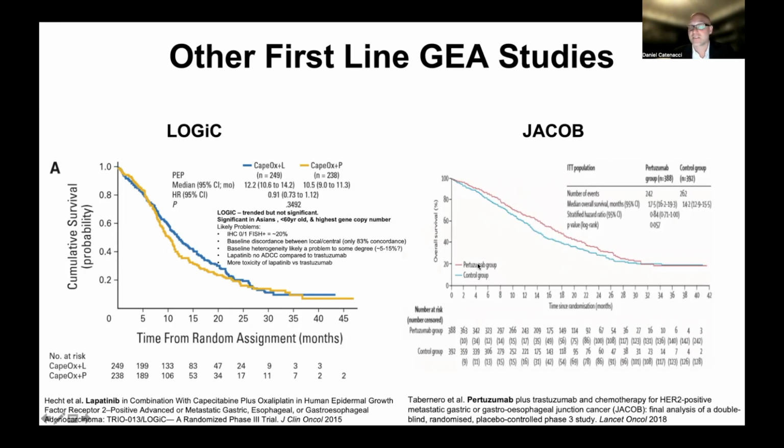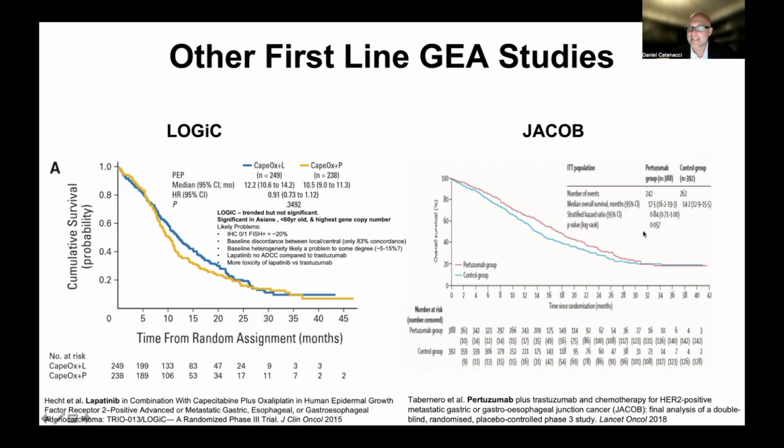Both of these studies were expected to be positive in gastroesophageal adenocarcinoma. The JACOB study was evaluating the addition of pertuzumab to chemotherapy plus trastuzumab versus just chemotherapy plus trastuzumab as control. You can see when the study read out that the pertuzumab group trended to being better, and it looked like the median survivals were higher.